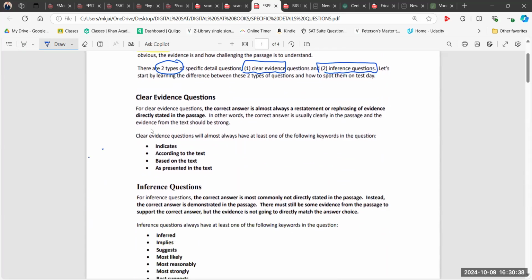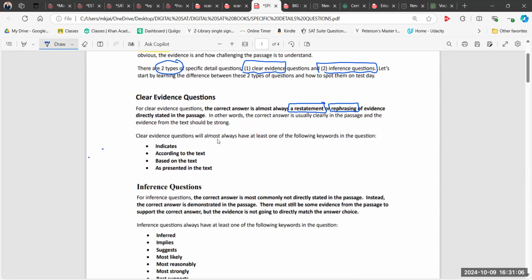Nada, ready to read? For clear evidence questions, the correct answer is always what? Ahmed: restatement or rephrasing of evidence. Okay, that's what we call literal comprehension, Nada.